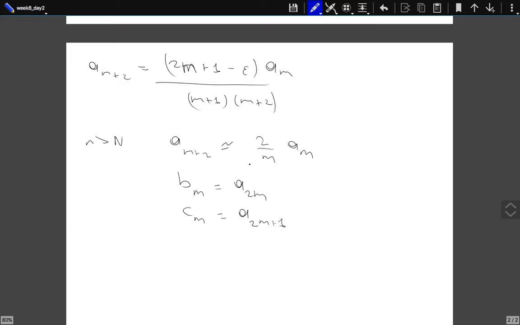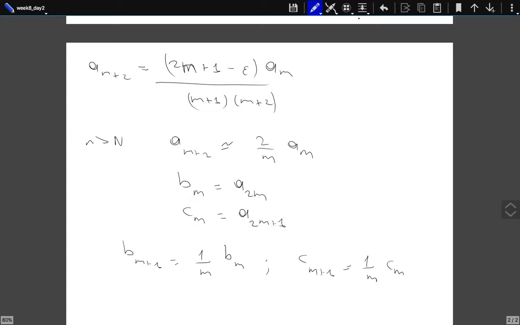So basically this recursion relation just tells me that b_{m+1} is equal to 1 over m b_m and c_{m+1} is 1 over m c_m. Again, I just ignored constants like 1, 2, etc. 1/2. Do you agree?